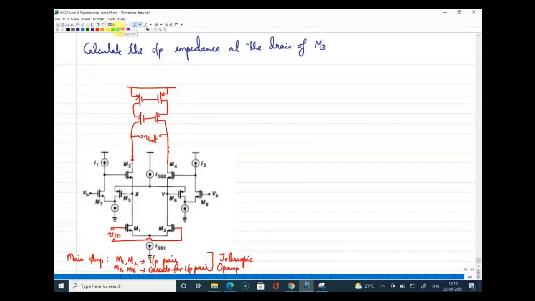Now let us come to this structure and see what auxiliary amplifier is used here. See, a signal is sensed from the source of the cascode transistor, and it is given to an amplifier and fed back to the gate of the same transistor. That means you have an auxiliary amplifier. And what is the auxiliary amplifier here? I'll write it here.